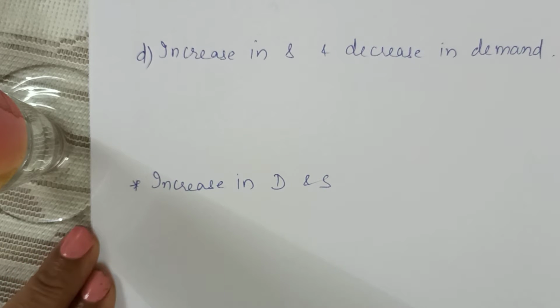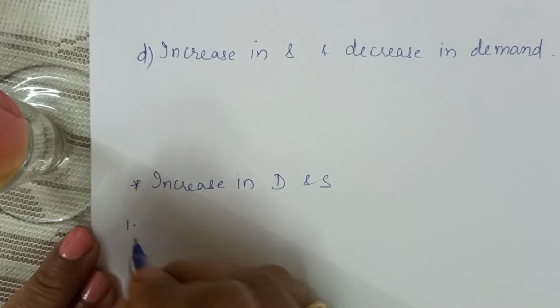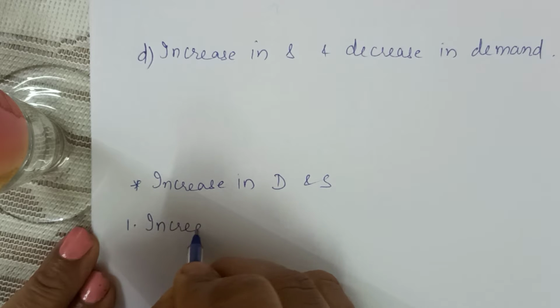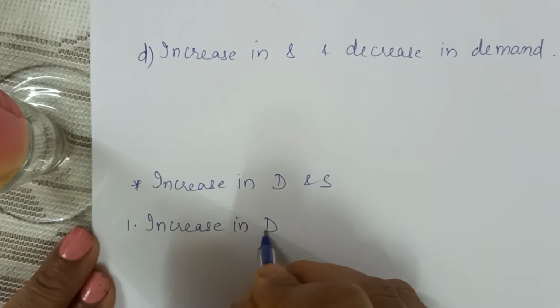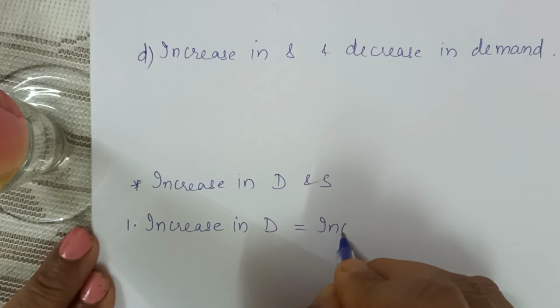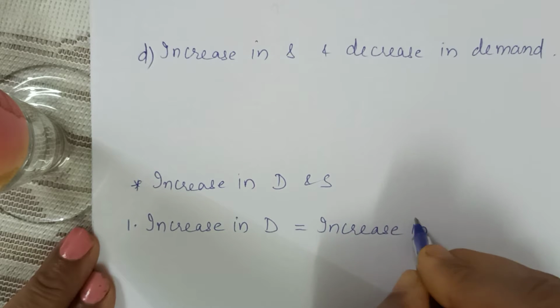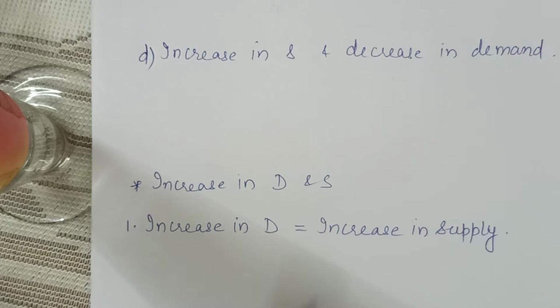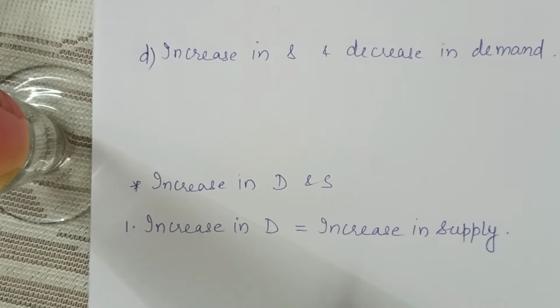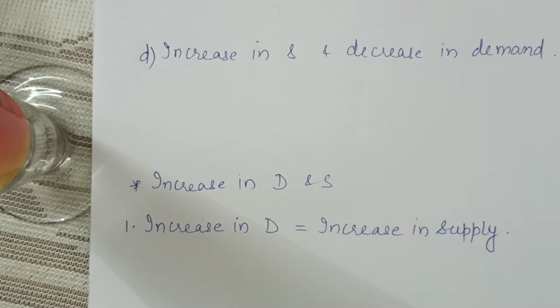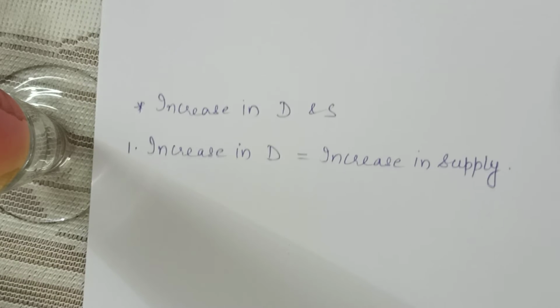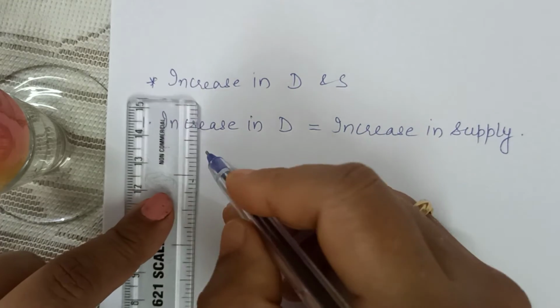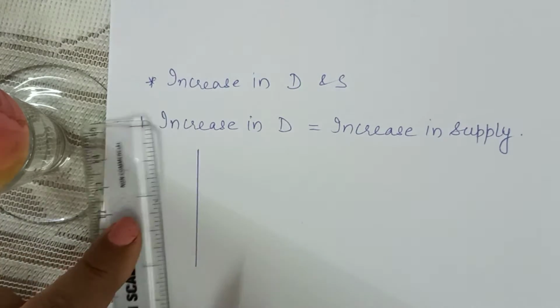Under this we are going to see the first one, that is increase in demand will be equal to increase in supply. It means both are increasing and the increase will be the same. So let us draw the figure for it.